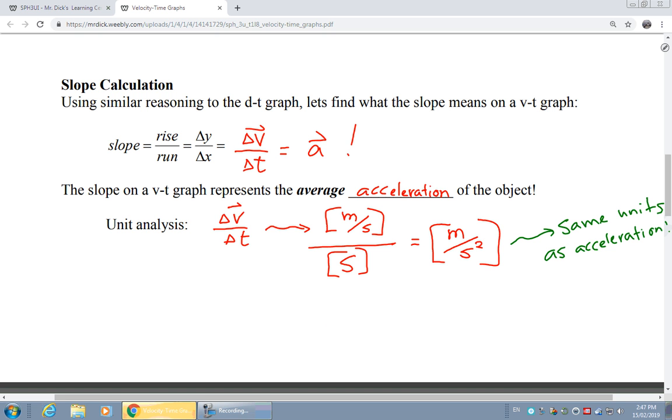So not only does the rise over run tell us that it should be acceleration, when we do that same process with its units, it also tells us that the unit should match what we know about acceleration. So it truly is, when we find the slope on a VT graph, giving us the average acceleration of the object.